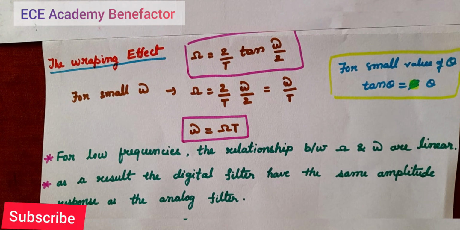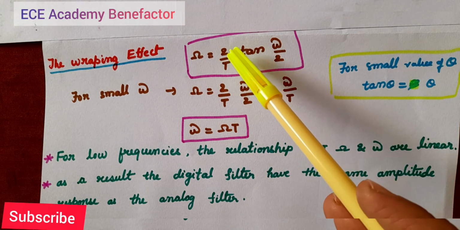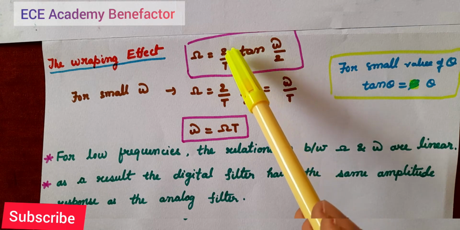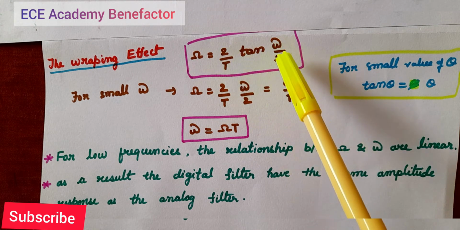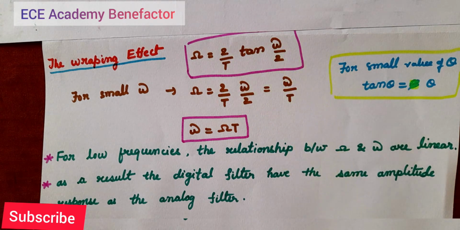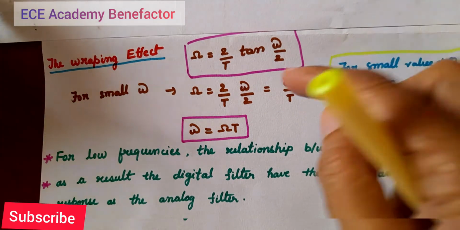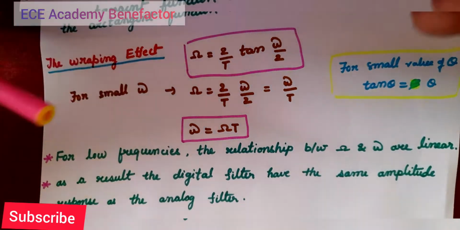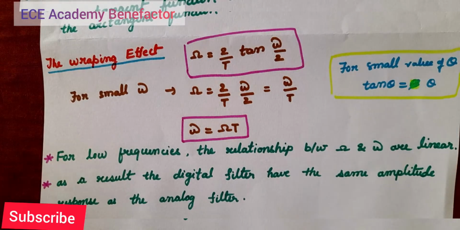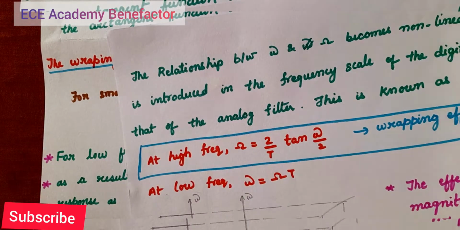But at high frequency, what is happening? It becomes non-linear because of the equation 2 by T tan omega by 2, that is due to this tan term, which is also known as the arctangent function.